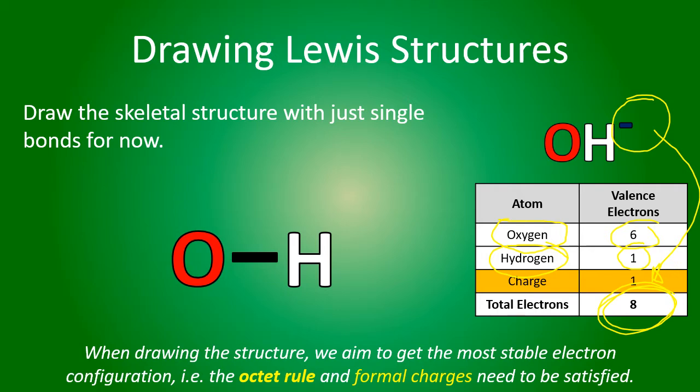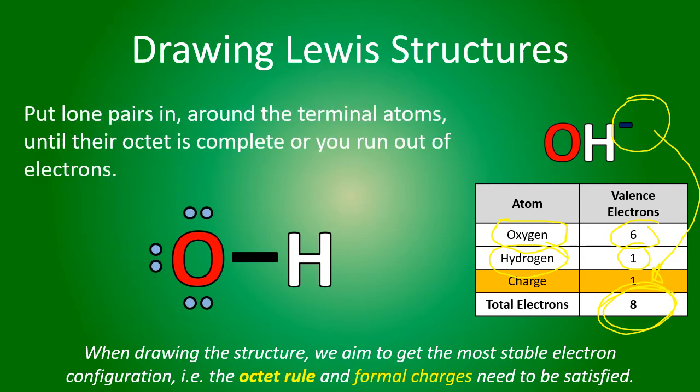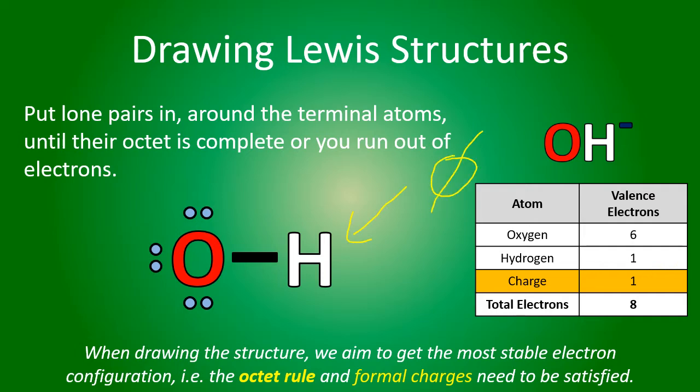The next thing we need to do is put in any lone pairs. Now remember, we've only got 8 electrons to put in total. 2 of the electrons would have been accounted for in the bond, so we've only got 6 electrons to put in. The first thing you need to make a note of is that with hydrogen, the formal charge is always going to be 0, because it's only going to ever have 1 bond.